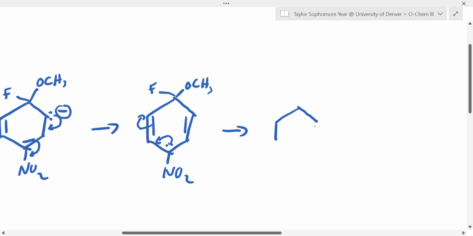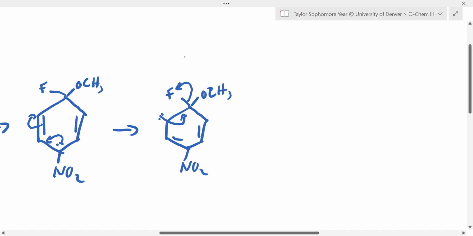By doing this, we're essentially hoping to eventually kick off the fluorine, allowing the OCH3 to be by itself. So now, because of this, we can put this pair of electrons onto this bond and kick out this fluorine.